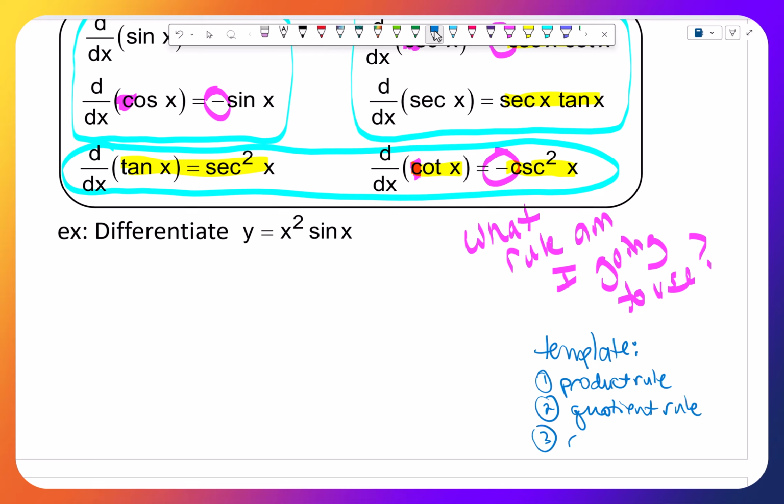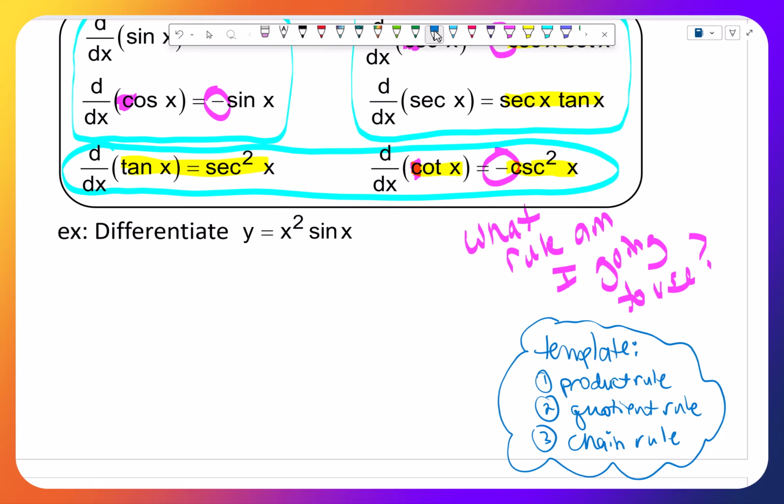And we haven't learned the chain rule yet, so we won't be doing any chain rules today, but these are our rules. These are the templates that we choose from when we're doing derivatives. So as we look at this first example, we have to ask ourselves, what is going on? Is that a product or a quotient or a chain?